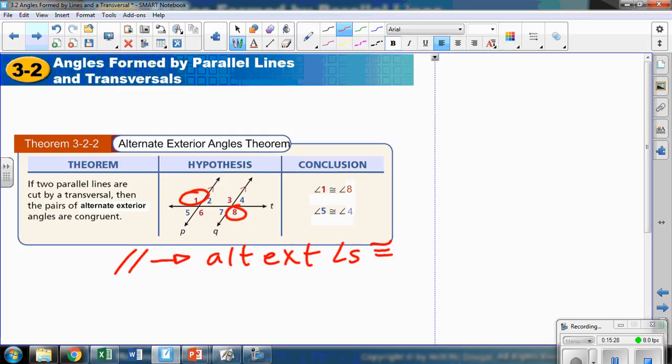And once again, you can refer to it with the symbolic logic like I have here. You can also refer to this by its name, the alternate exterior angles theorem.